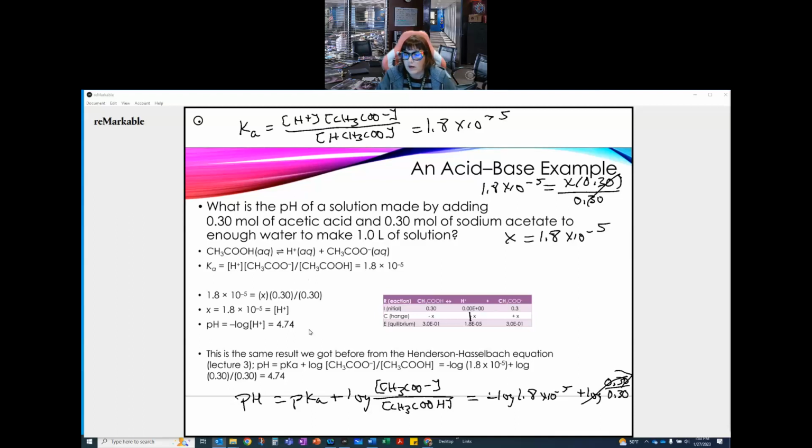That term is 0, so it goes away, and that means that the pH is equal to the pKa. Okay, so pH equals pKa when we have an ideal buffer.